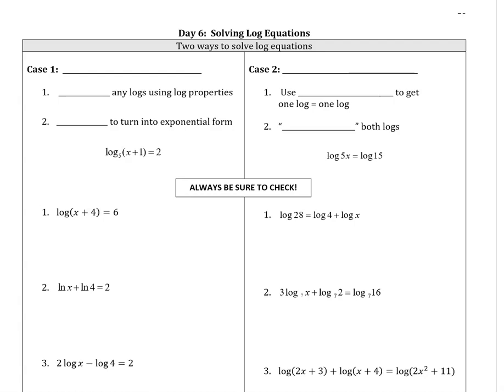The point of today's lesson is to talk through two different ways that we will solve logs. Case 1 is when you have a log on one side of the equation.